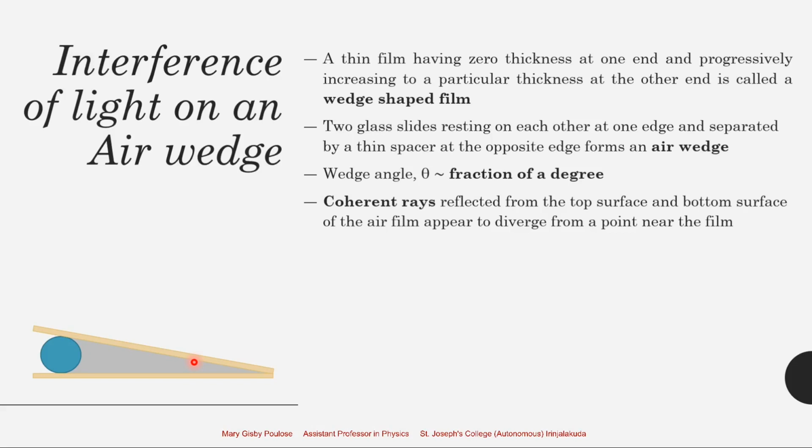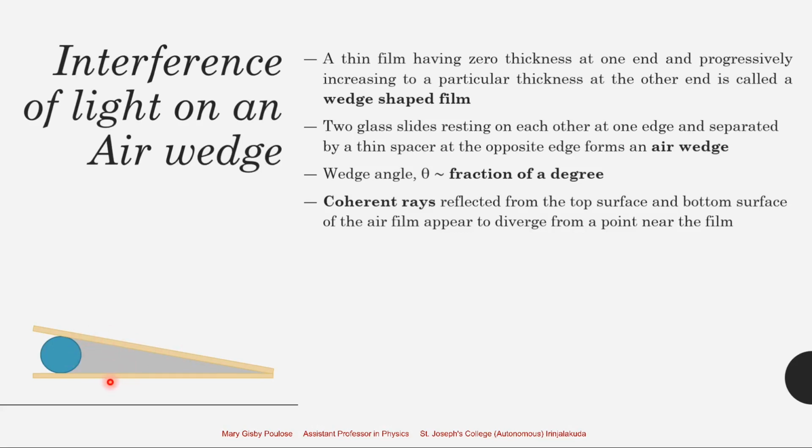So what happens is when monochromatic light falls upon this wedge, when it meets the top surface of this air wedge, a part of it gets reflected and another part gets transmitted.